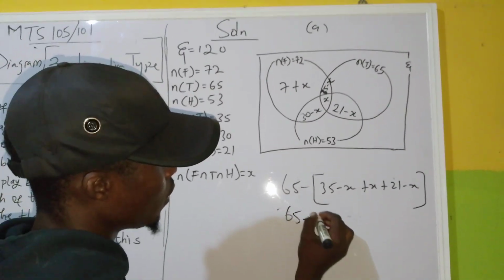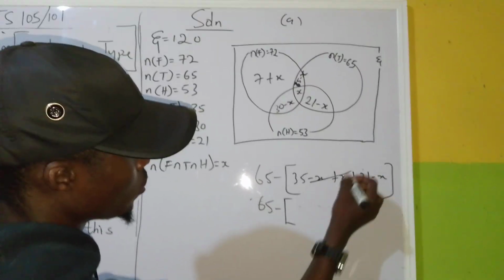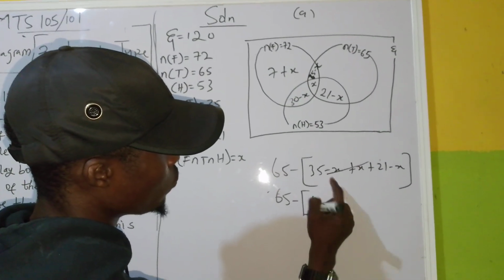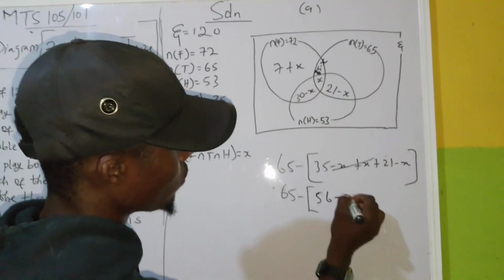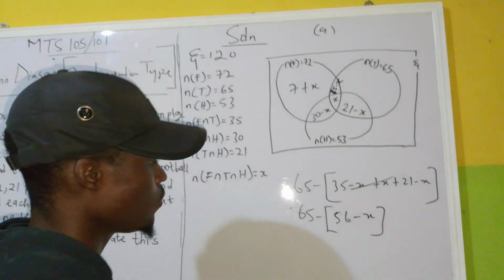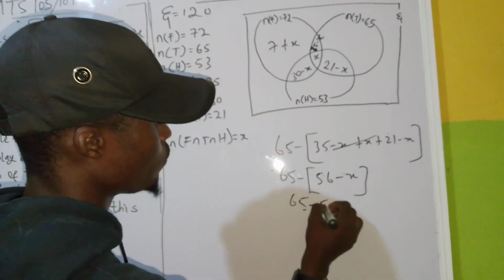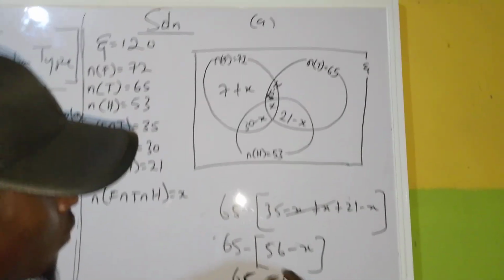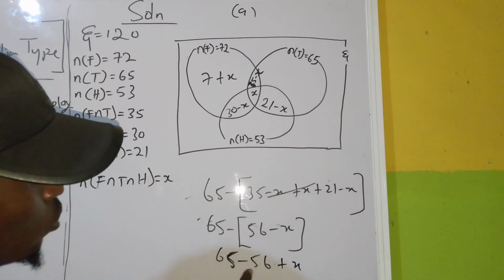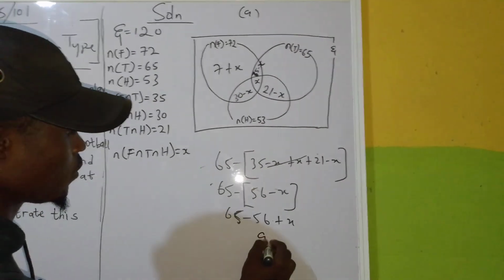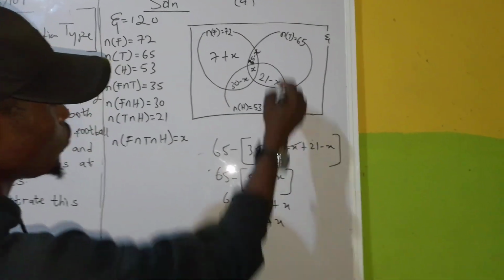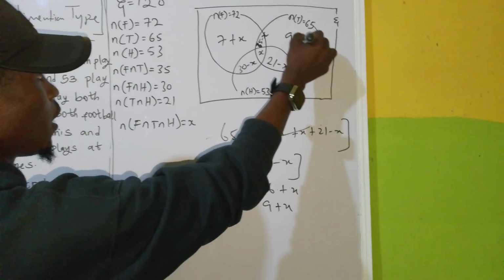That's 65 minus, this one is gone, that is 35 plus 21, that is 56 minus x. So that will be 65 minus 56, minus and minus is plus x. So remove 56 from this one, you have 9 plus x. So what you have here will be 9 plus x.